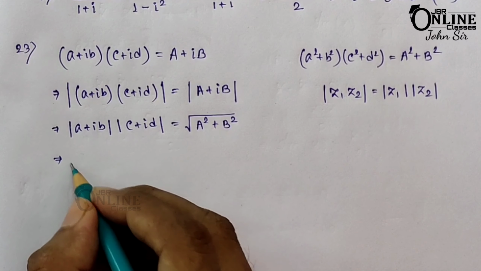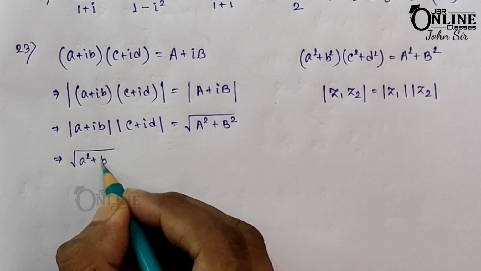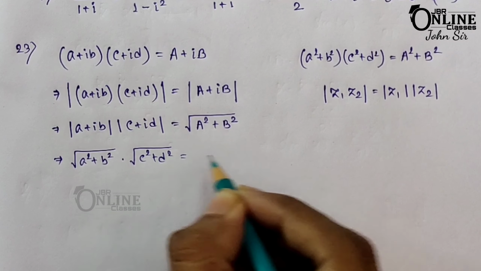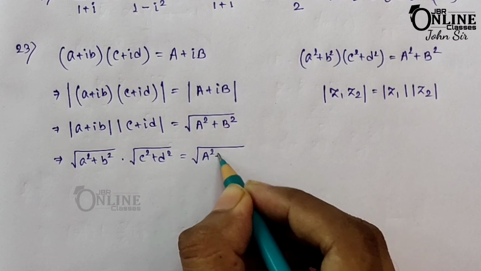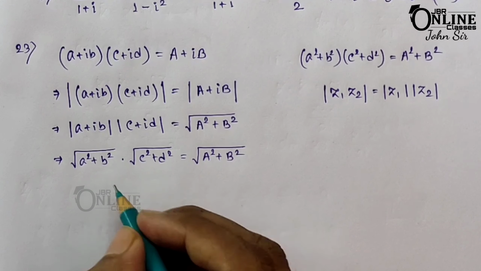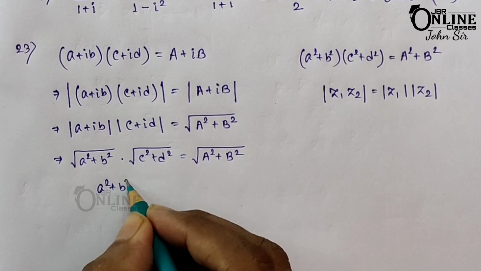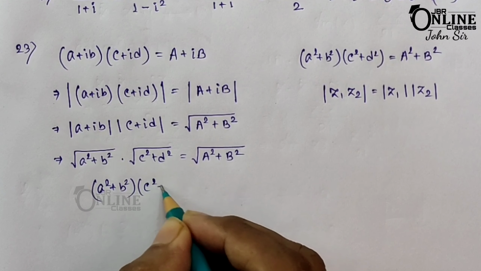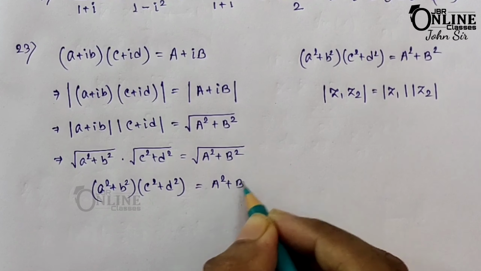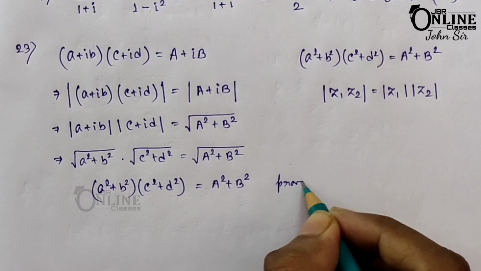So now in the left hand side you have root over a square plus b square, here also root over c square plus d square, and this one will be root over capital A square plus capital B square. Now if you square both sides, you will get a square plus b square into c square plus d square equals capital A square plus capital B square, and it's proved.